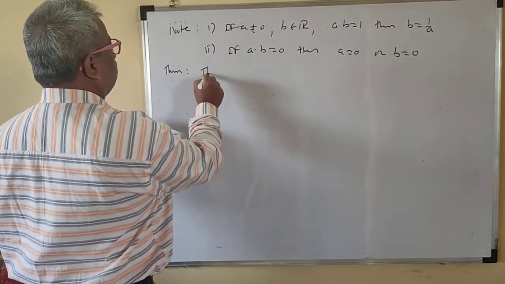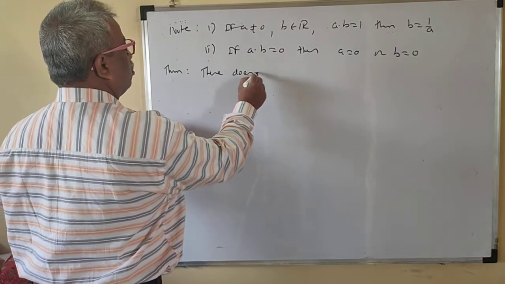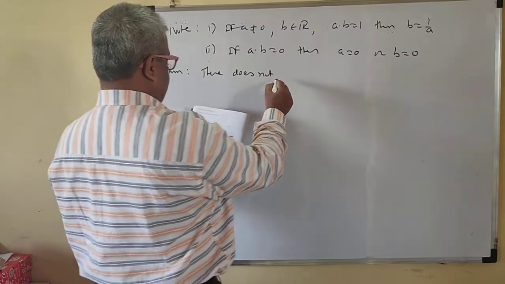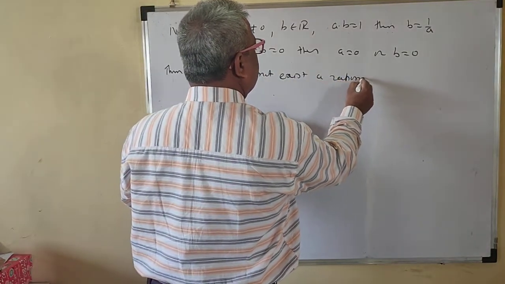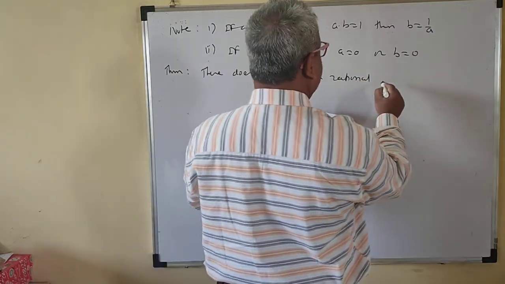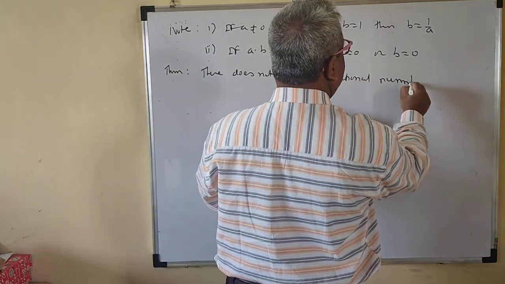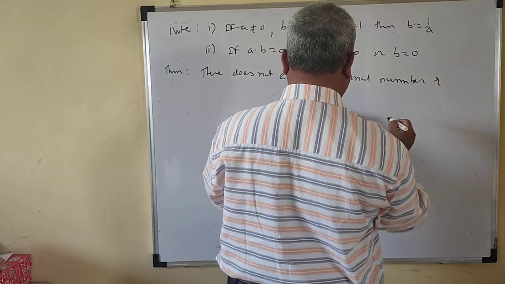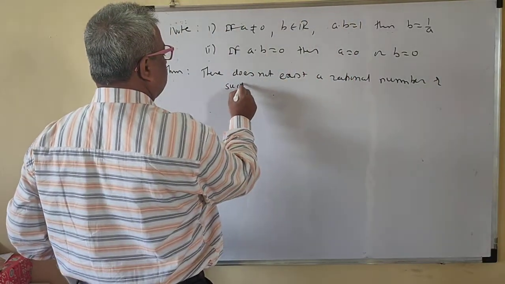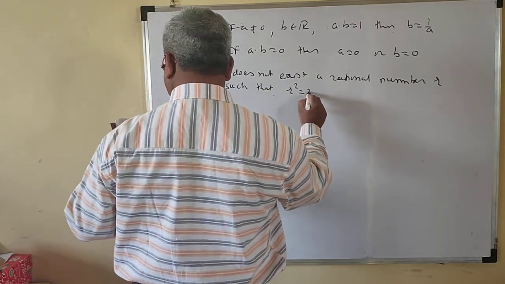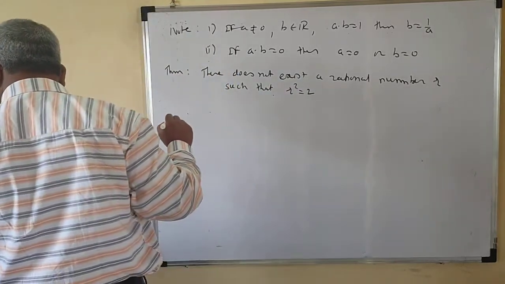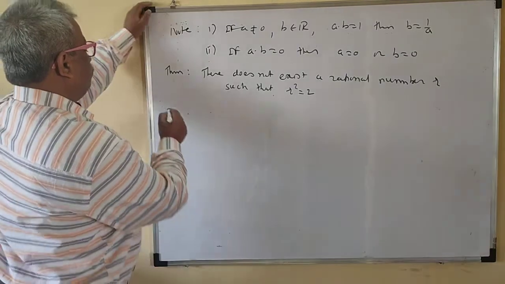There does not exist a rational number R such that R square is equal to 2. Okay, so prove.